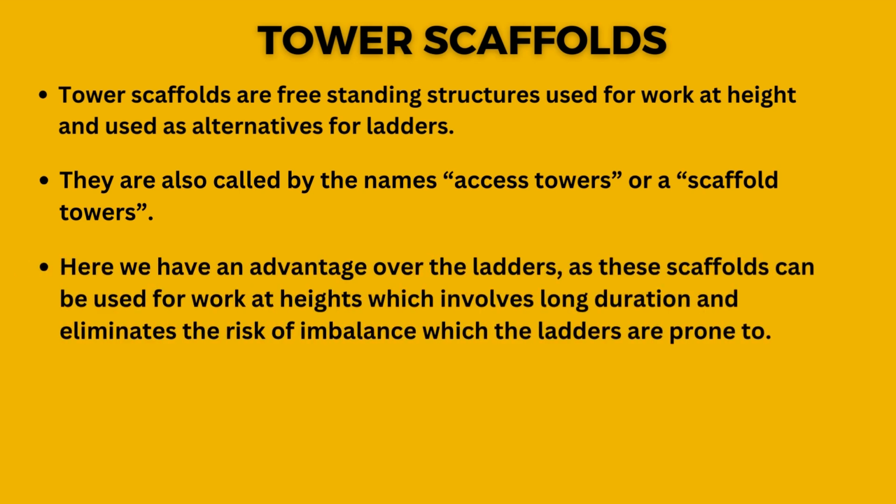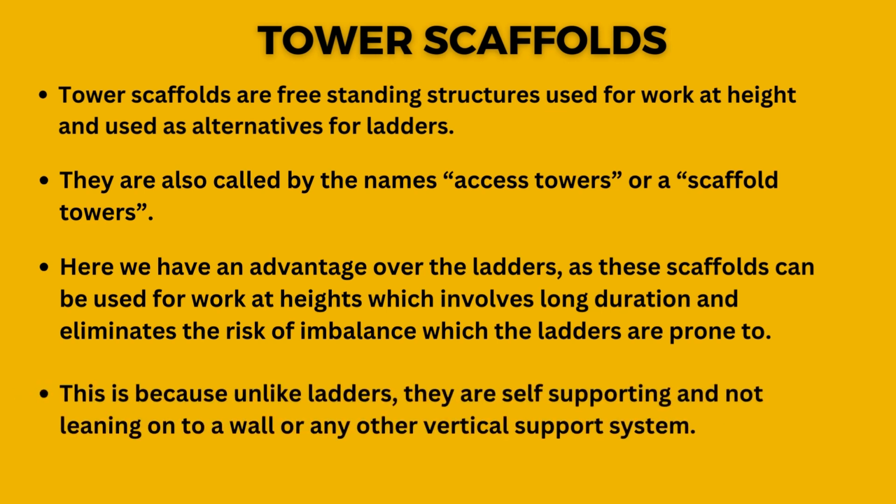Here we have an advantage over the ladders as these scaffolds can be used for work at heights which involves long duration and eliminates the risk of imbalance which the ladders are prone to. This is because unlike ladders, they are self-supporting and not leaning onto a wall or any other vertical support system.